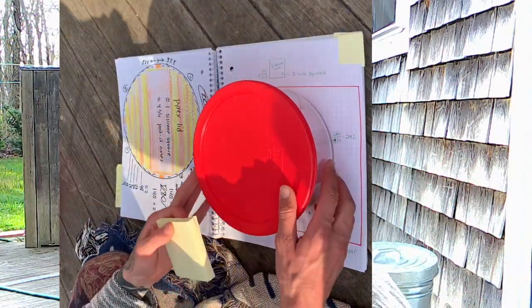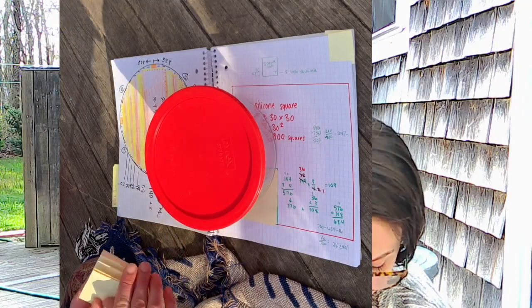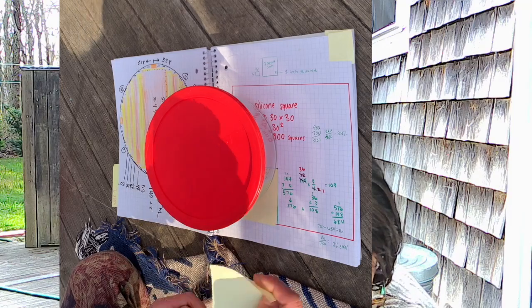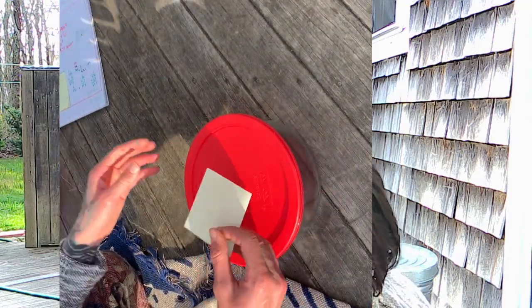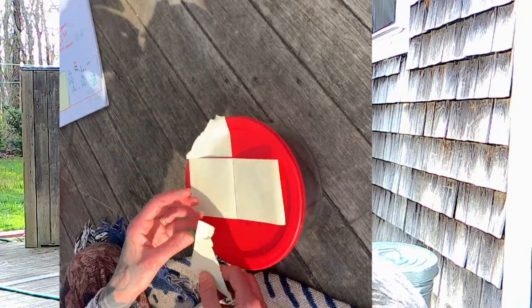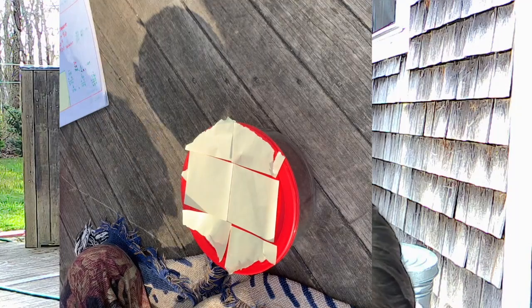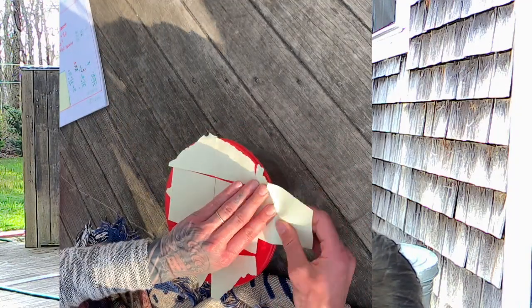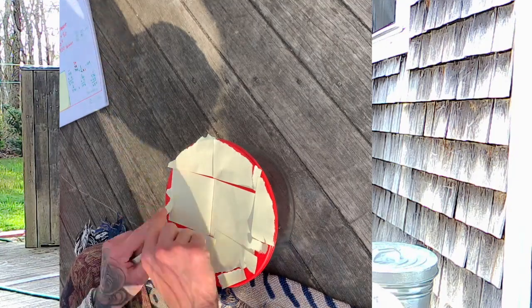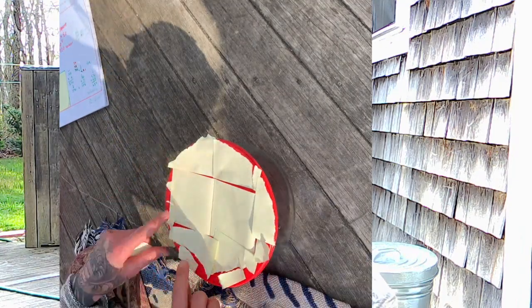So if we have Post-it notes, how many Post-it notes would tile the Pyrex? Here I line up the 2 corners of the first Post-it note with points on the circle and then tile the rest of the Post-it notes from there. I have to rip up a Post-it note, and I end up using about 4 Post-it notes to tile the circle.